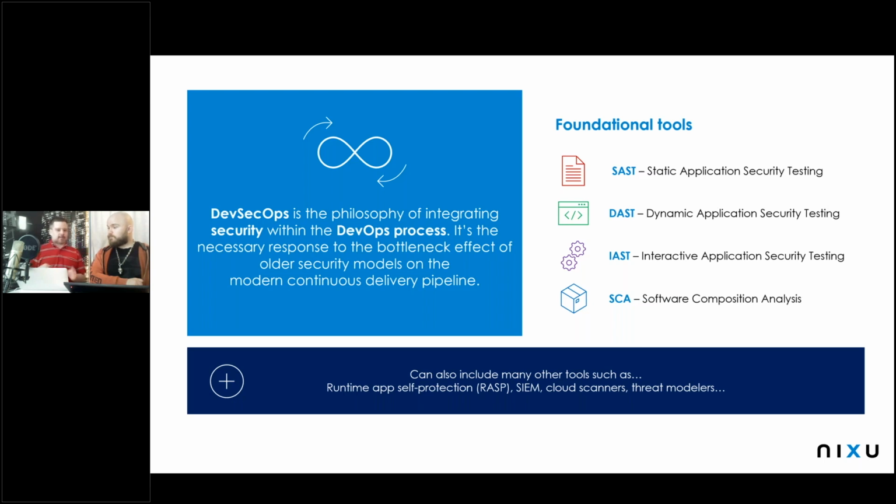And in the dev side, you have different kinds of scanners, basically, to ensure security in the whole pipeline. And the four main types of scanners, you are seeing them here with acronyms. I'll go briefly through these. So basically, that's code scanning, in other words.